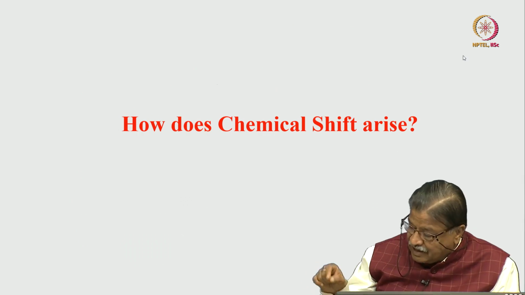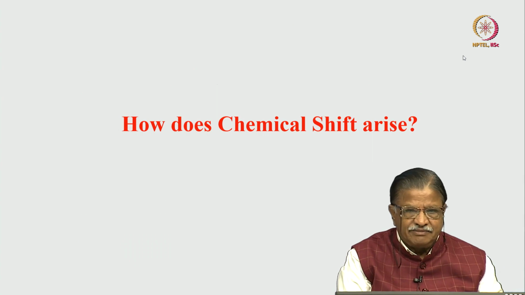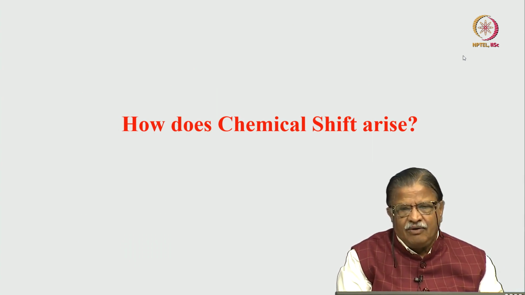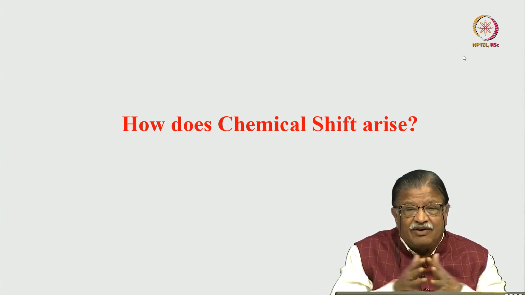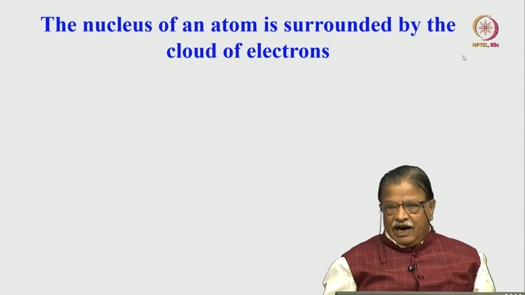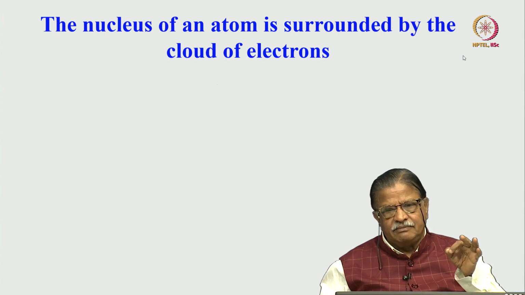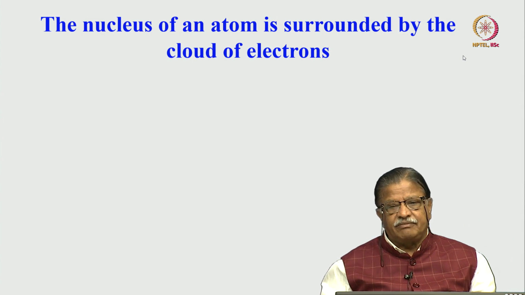Now, we will start looking in more detail at how chemical shift arises. What is the reason, how can we think of chemical shift? We all know the nucleus of an atom is surrounded by a cloud of electrons.